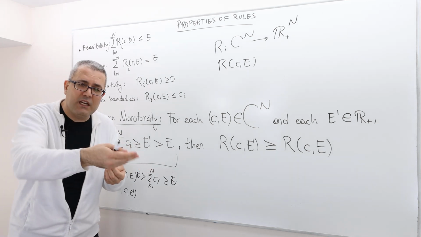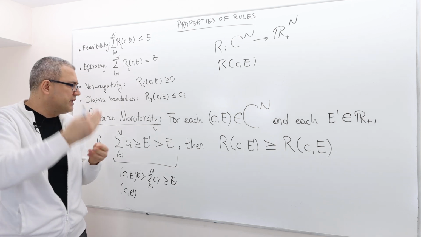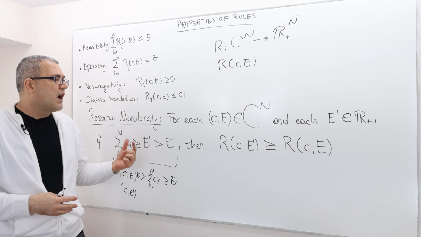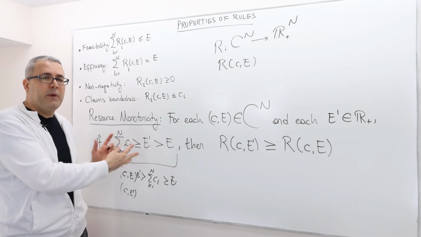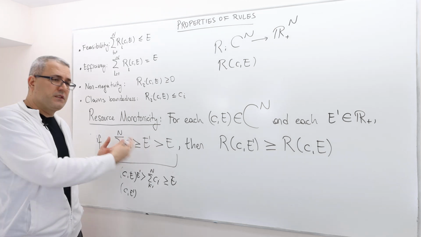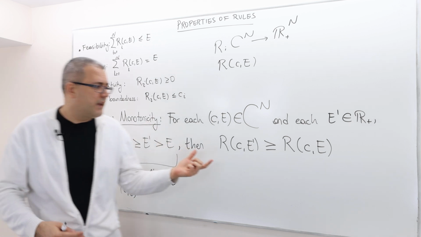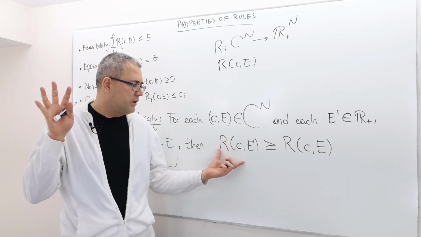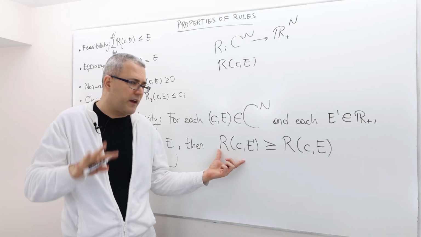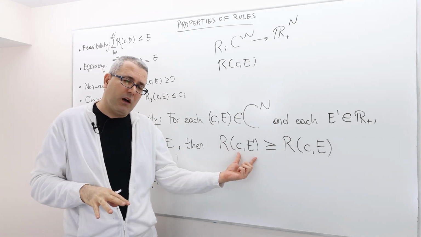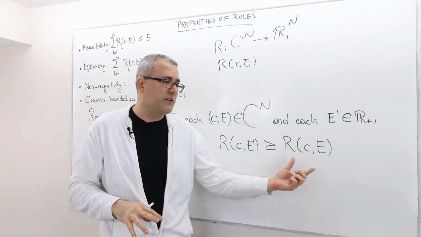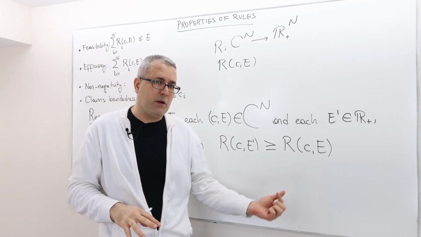We increase the surplus. We increase the resource. Then there are two things basically here. If these two things are true, then whatever rule you're using, the award vector in this problem, (C, E'), should be no less than the award vector under this claims problem.